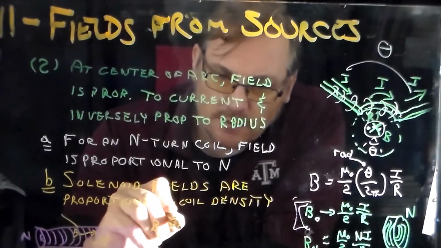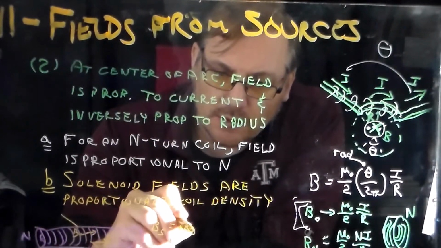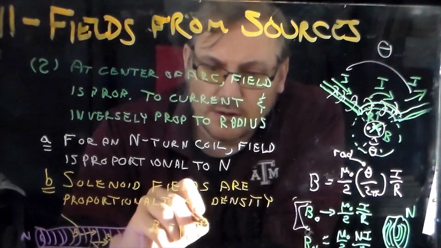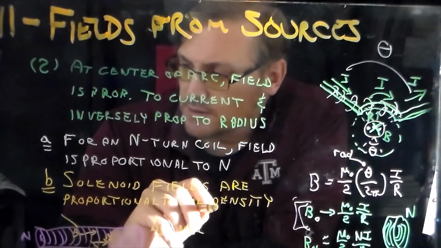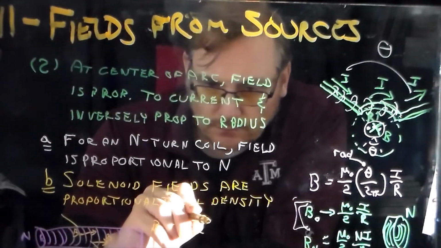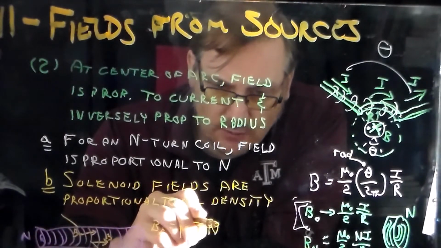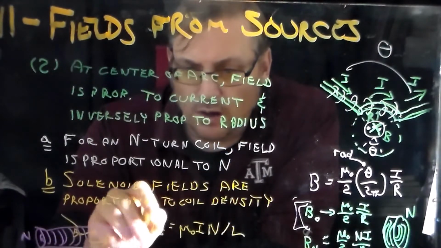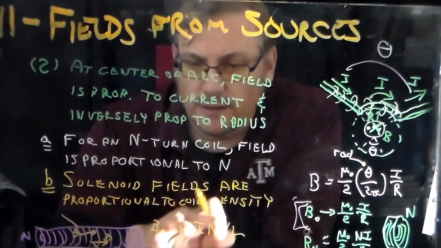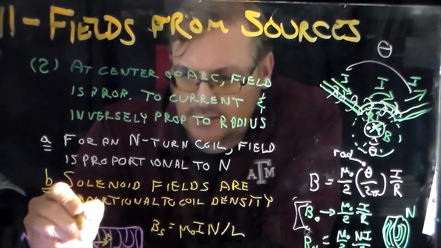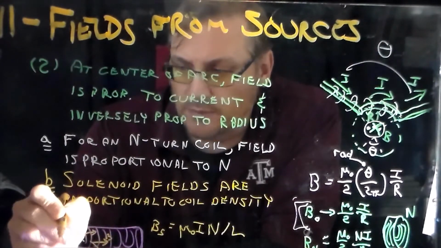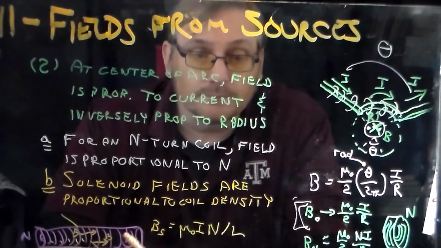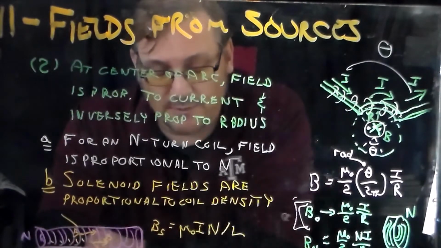Let's see, that's mu naught times I, which we've seen before, times the density, which is N over L. All right, so that's all you need for the inside of a solenoid. So my example will be a solenoid and calculating stuff about it in this approximation.